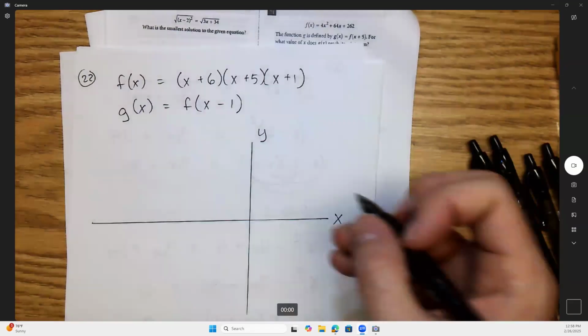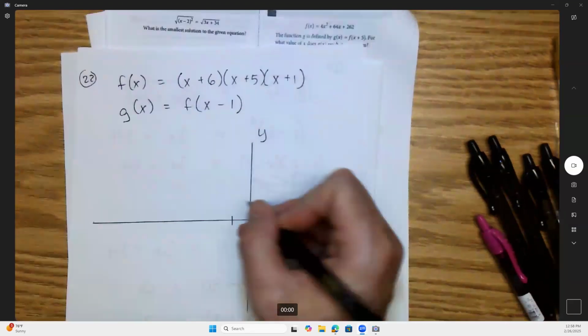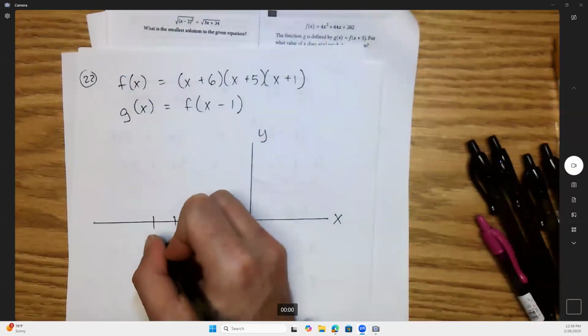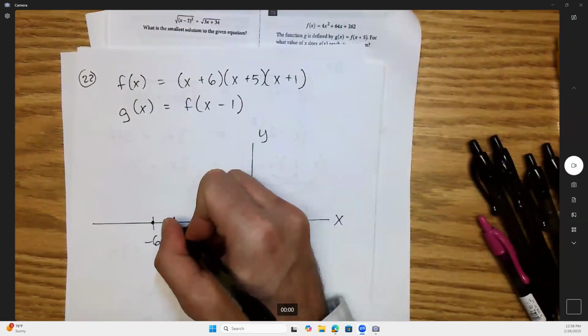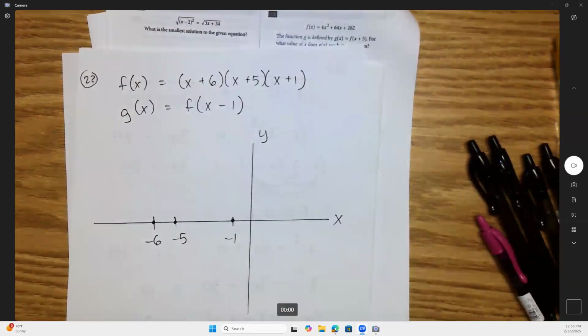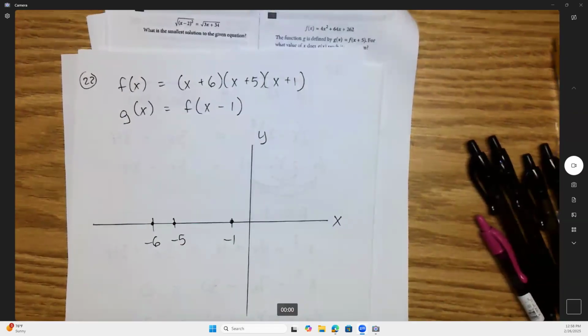So, did you guys come up with the intercepts? At -6, at -5, and at -1, there would be intercepts. You guys got those three for x-intercepts? Okay. How about for the y-intercept?